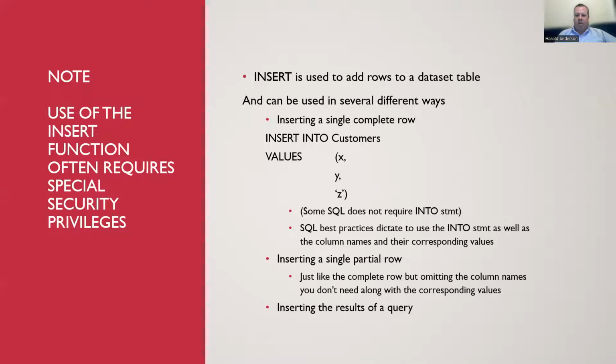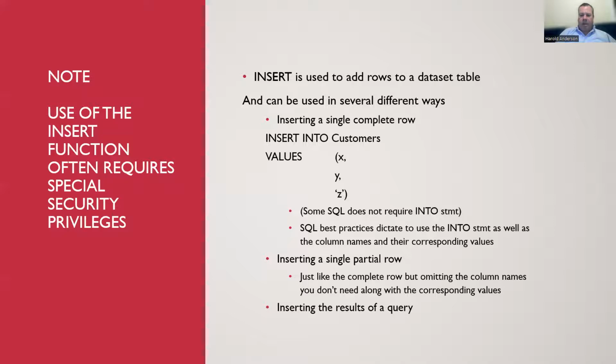It also said some SQL does not require the into keyword, but again, best practice, you probably want to keep that insert into. And a single partial row is just like the complete row, but you're omitting whichever column names you want to omit.